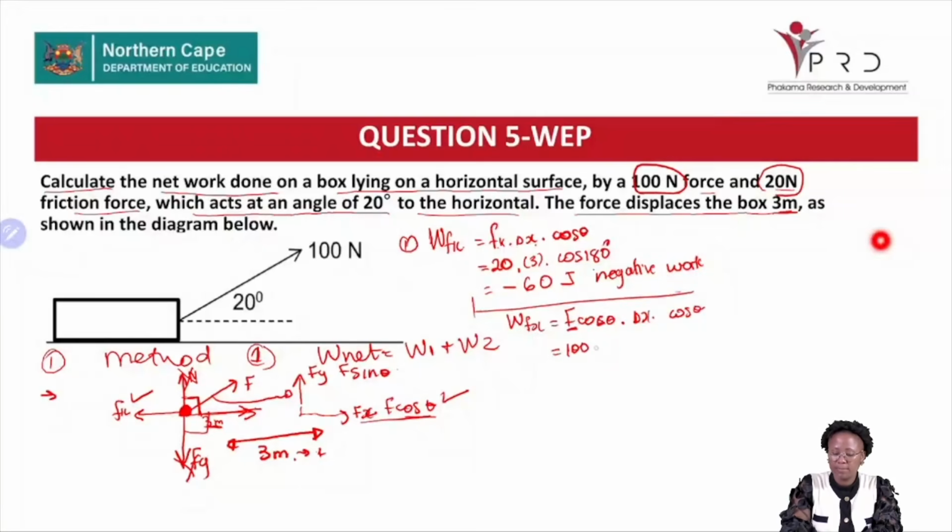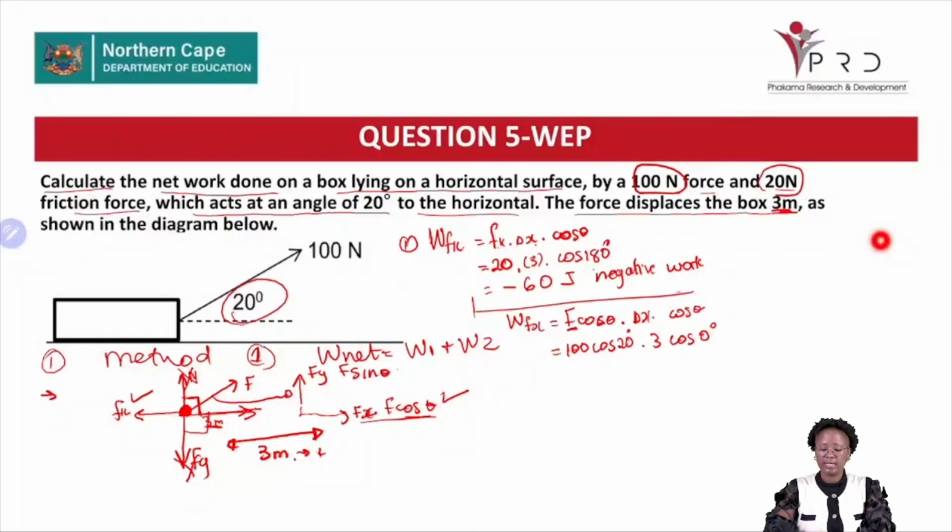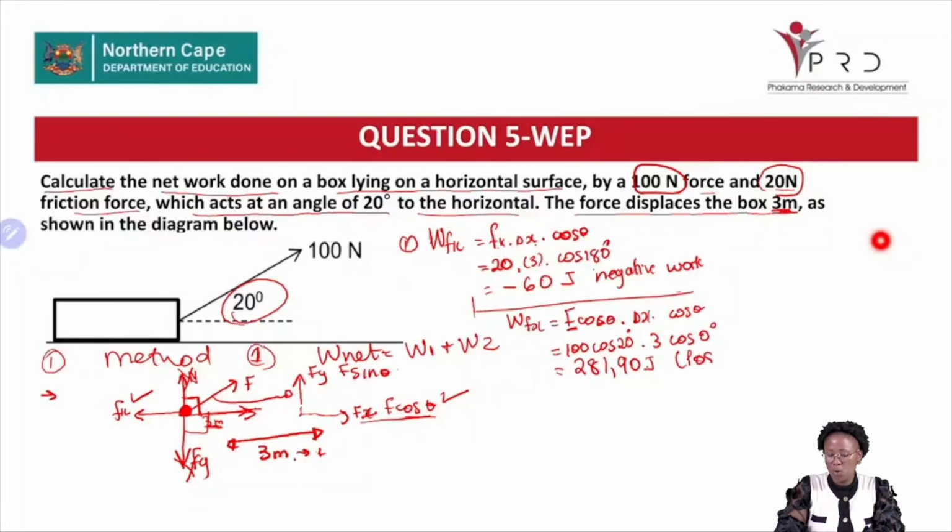So 100 multiplied by the cos of the angle, which is 20 degrees, multiplied by 3, which is the displacement, and multiplied by the cos of 0 degrees. Why cos 0? Because Fx and the displacement are in the same direction. So when you punch into the calculator, I get 281.90 joules. So what does this mean? This is positive work that is done.